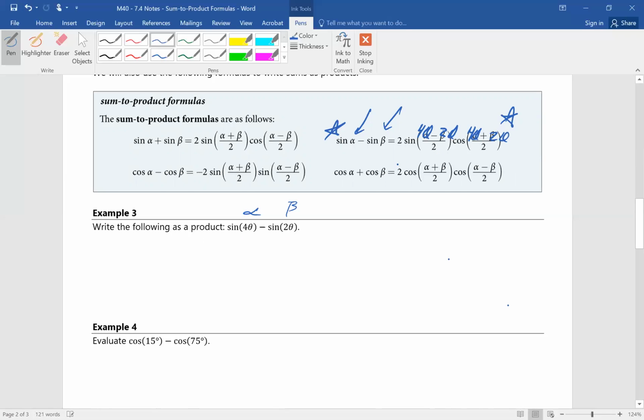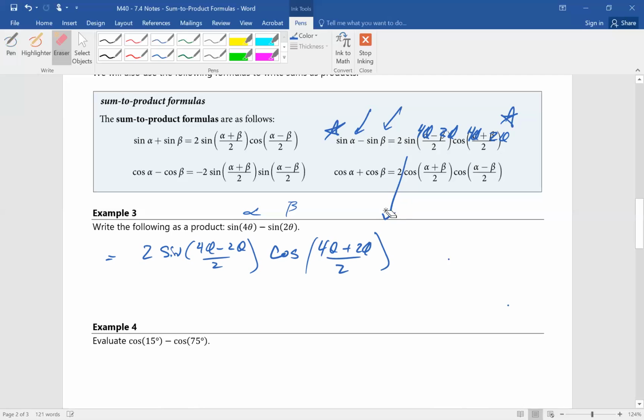So even in this formula, if I rip it off, and I'll erase it in a second, you're going to have 2 sine of 4 theta minus 2 theta all over 2. And I tried to draw right over the top of that so you could see how fast and easy you can make these things. So it's 4 theta plus 2 theta all over 2. See the transformations?